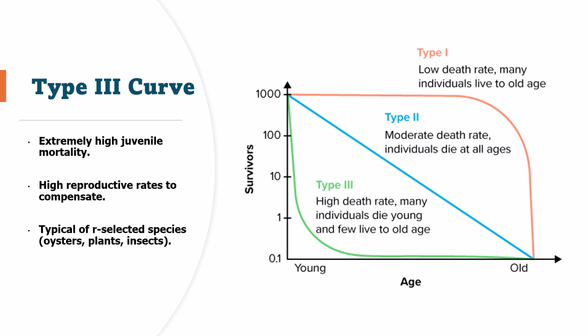This strategy, often described as R-selected, ensures species persistence despite huge juvenile mortality. Once survivors pass those early stages, however, they often live long and successful adult lives.